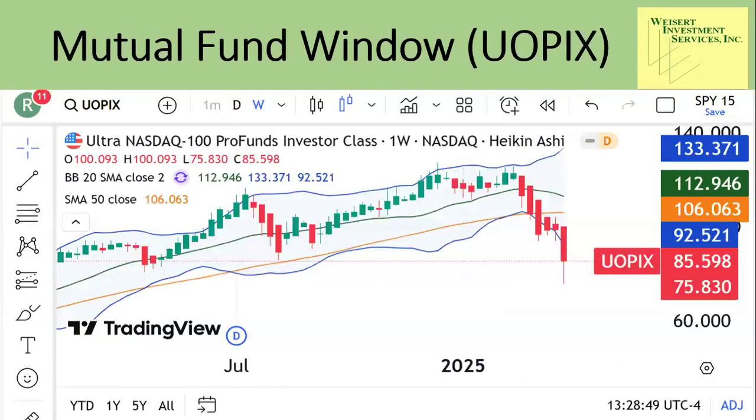Okay. Mutual fund window uses two mutual funds. What we have here, it uses the leveraged funds, which is the Ultra NASDAQ 100 Pro funds. You can see here the movement through 2025 or since August.